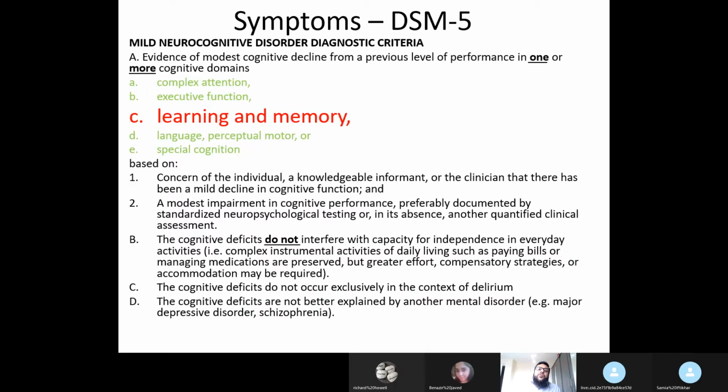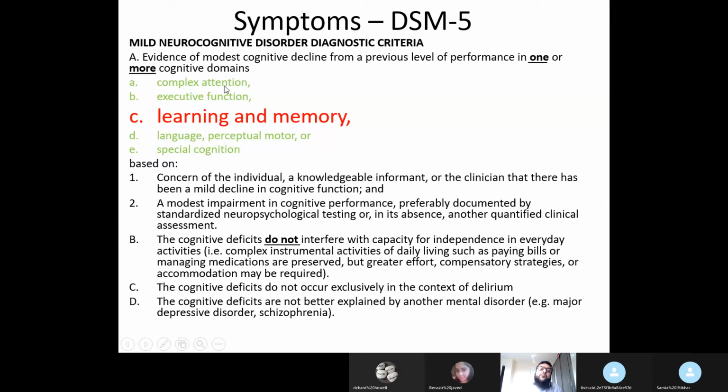So symptoms, DSM-5. DSM-5 calls it mild neurocognitive disorder. The diagnostic criteria is that usually in mild neurocognitive disorder, you see attention and concentration difficulties, executive function difficulties, learning and memory, language, and spatial cognition, whatever it is. So we see disturbances in those.